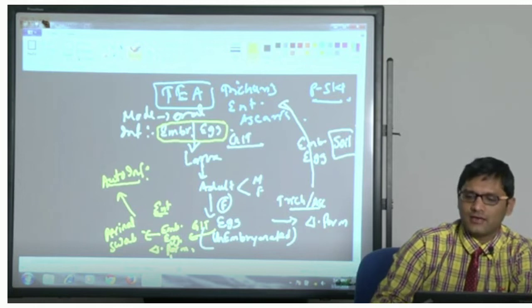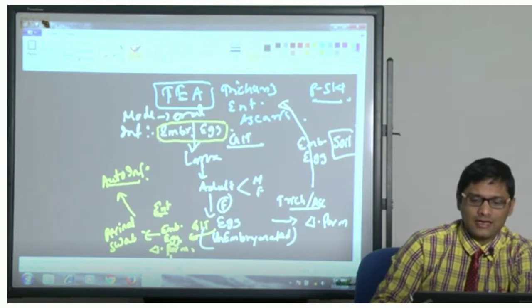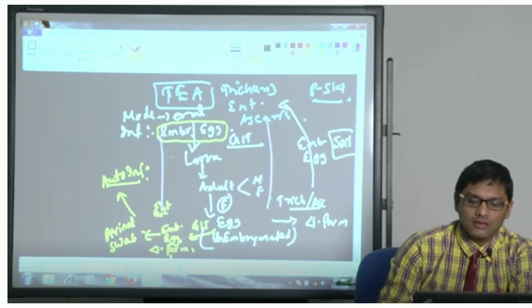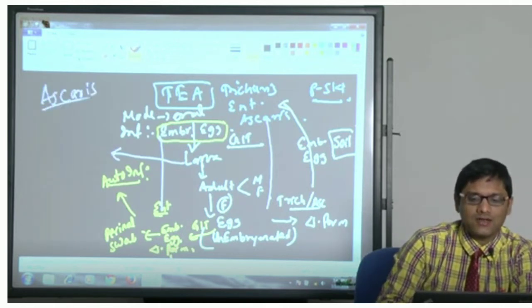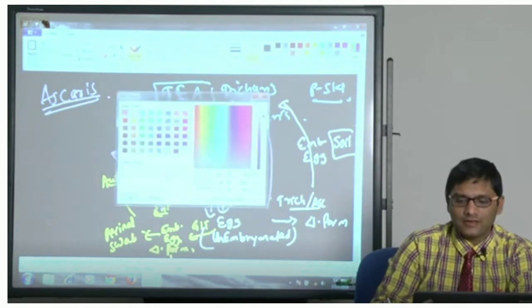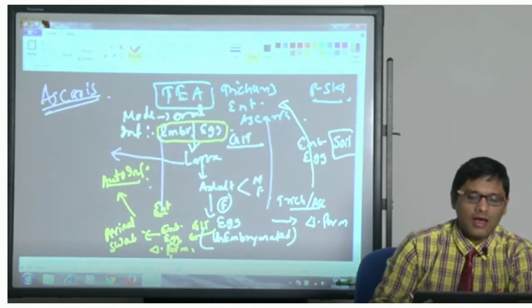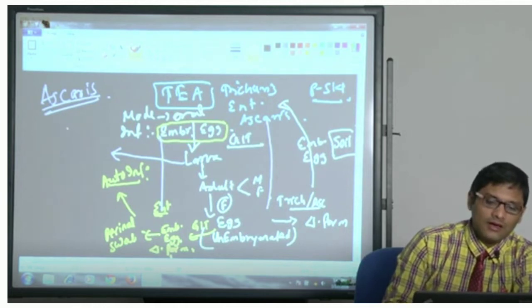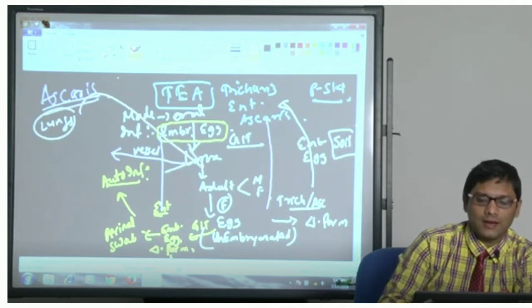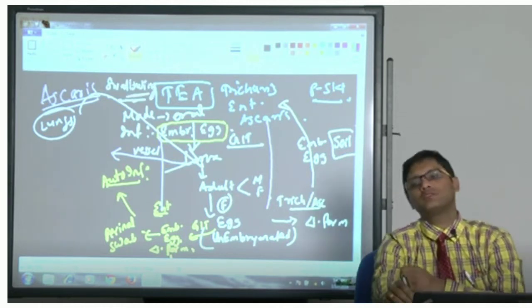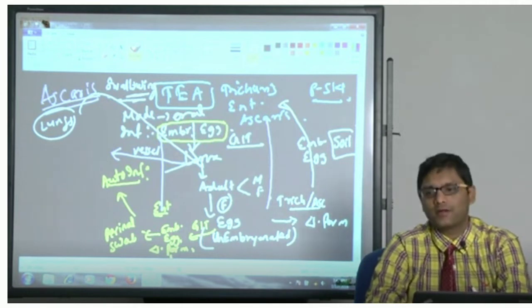So, this is a common life cycle for all three, and in Ascaris one step is extra. In Ascaris, the larva penetrate the GIT and through the GI vessels they reach the lungs, and from the lungs, by swallowing of sputum, they come back to the GIT.